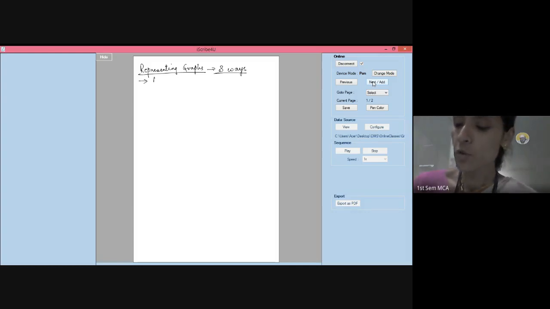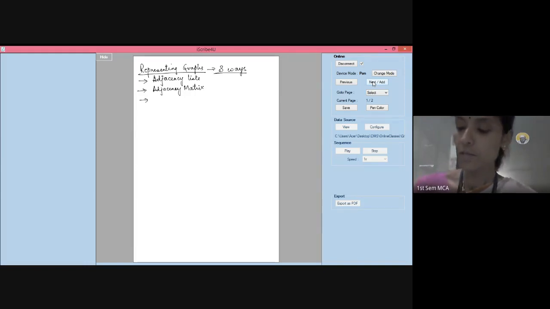The first one we will be learning, let me list them out, is called the adjacency list. That is one way of representing. The second way is the adjacency matrix.